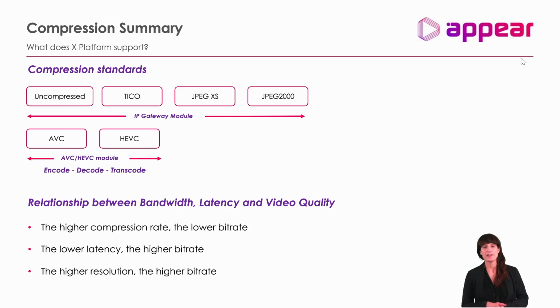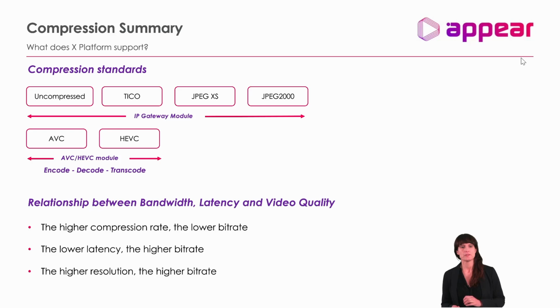High efficiency encoders can reduce the bandwidth compared to AVC by about 50%. And the rule of thumb is that the higher the compression rate, the lower the bit rate, the lower the latency, the higher the bit rate. So even for HEVC, if you're going to go for ultra low latency, you will require high bit rate. Okay, and also higher resolution, like UHD, will require higher bit rate than standard definition.